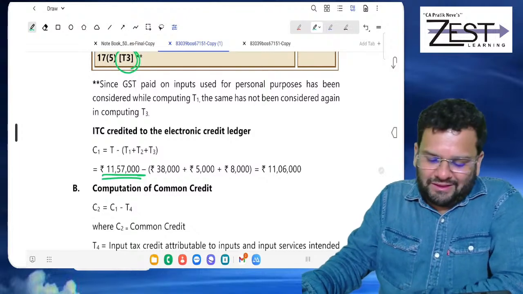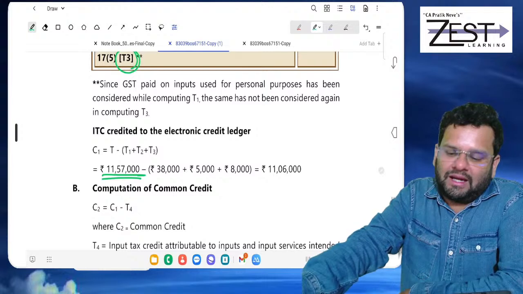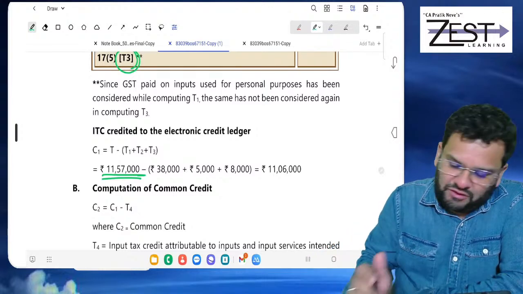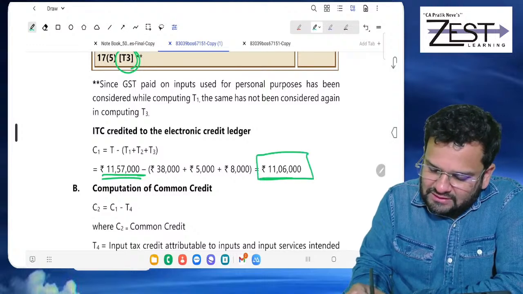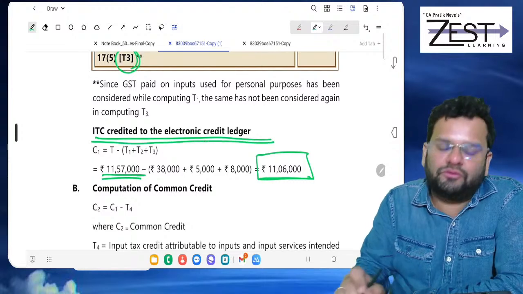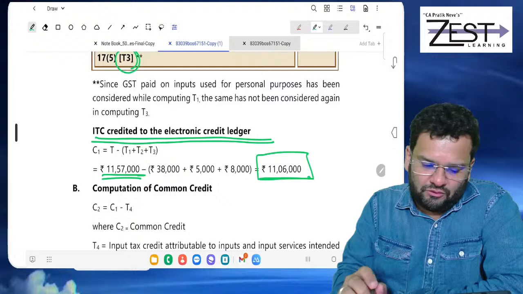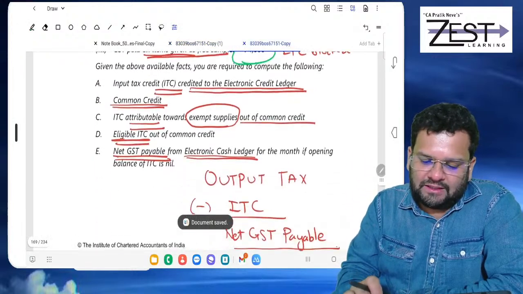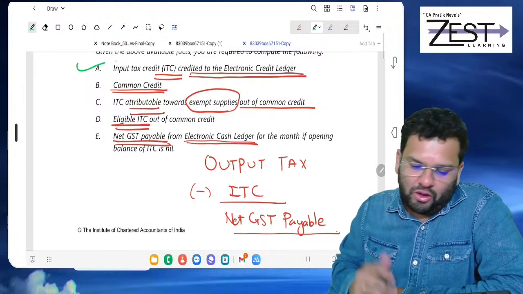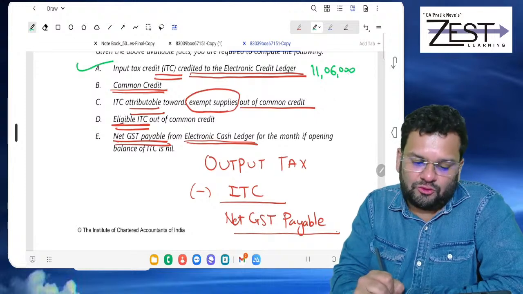From that total credit, you minus T1, T2, T3, you will get 11 lakh 57,000 minus 51,000, 11 lakh 6,000. So 11 lakh 6,000 is answer of your first question, which was ITC to be credited to e-credit ledger. Did you all get 11 lakh 6,000?